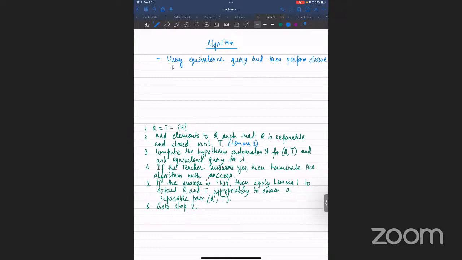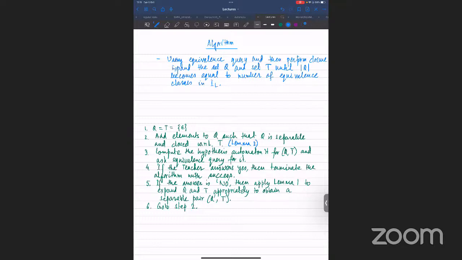And in this process, you expand the set Q and set T. You are doing this until the number of strings in Q becomes equal to the number of equivalence classes in IL.